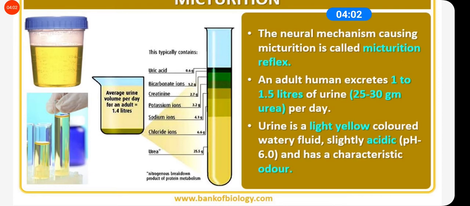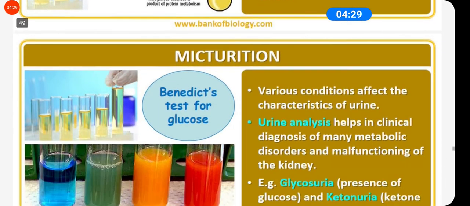Due to ammonia. It is pale yellow. Why? Due to the pigment urochrome, which is produced by the breakdown of hemoglobin. When hemoglobin breaks up, the pigment urochrome is released, which gives a yellow color to the urine.